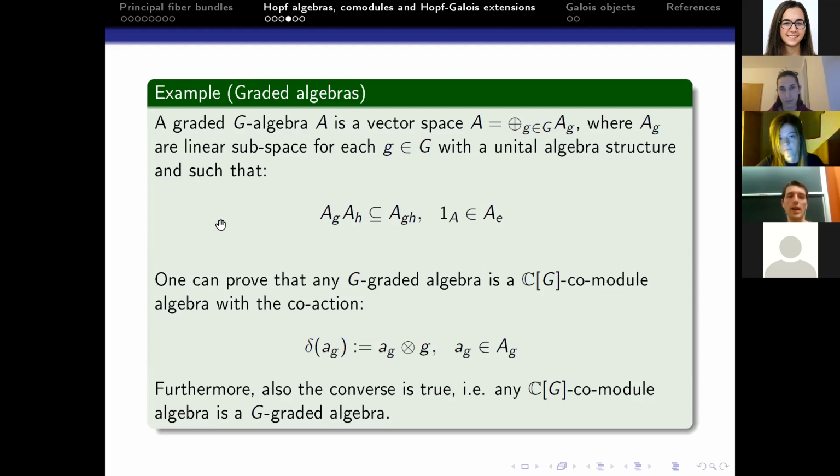Any G-graded algebra is a comodule algebra by defining this coaction here and extending by linearity over C. The converse is also true: any comodule algebra over CG is a G-graded algebra.